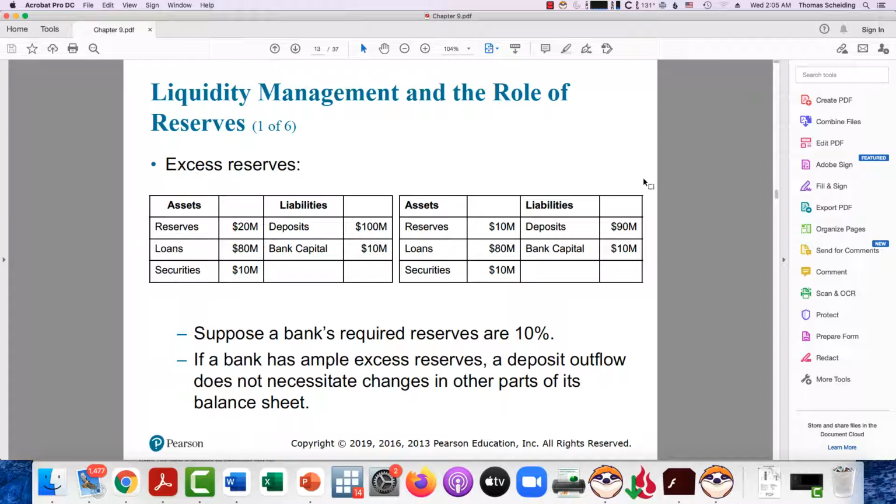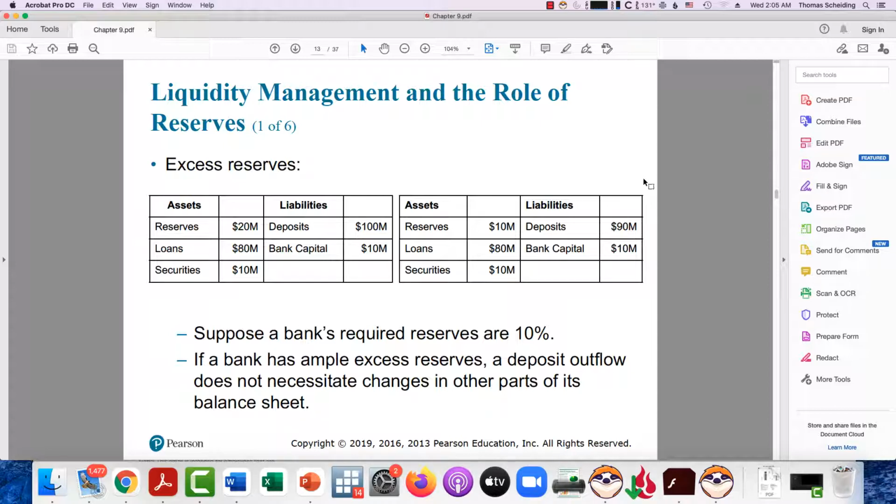And on the right side, you would see that if the bank is taking in $100 million total, it could reduce its reserves down to $10 million in required reserves.